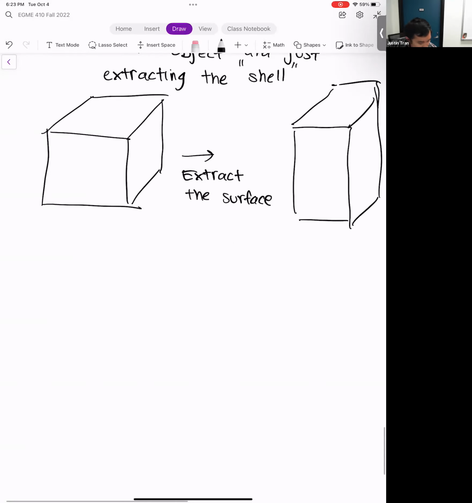All right, so now let's talk about beam elements. Let's define it first. Once again, a beam element is a one-dimensional element that's used to represent a slender geometry.